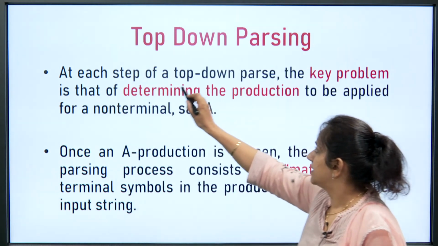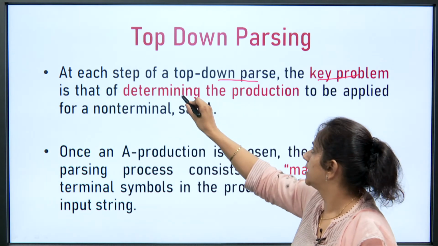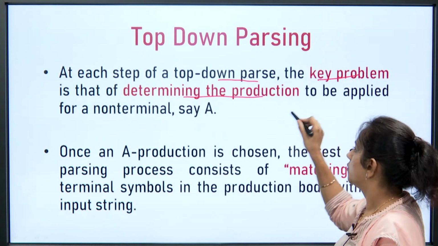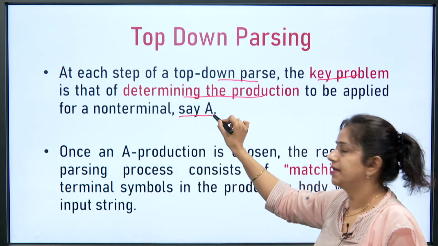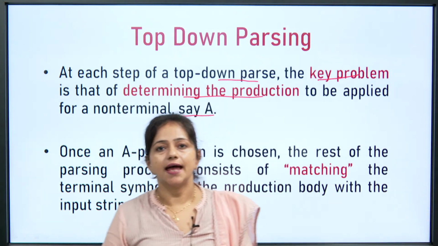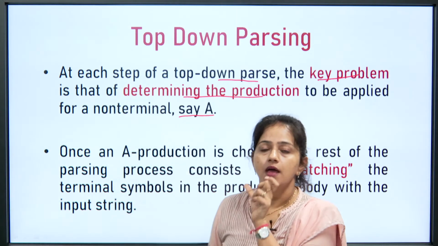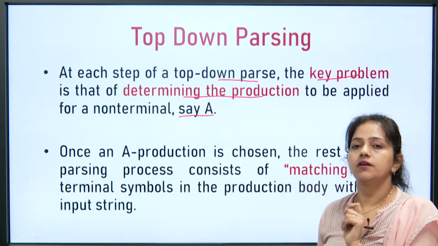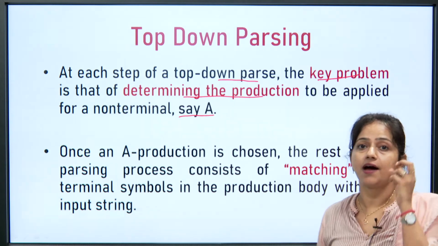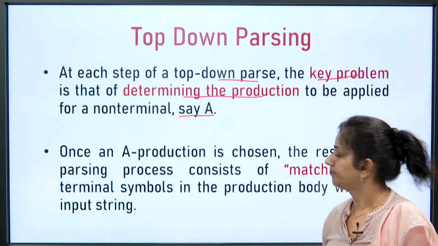So, in every step of a top down parser, the key problem is determining the production to be applied for a non-terminal say A. So, if we know the production, then we can easily do the expansion and can obtain the parse tree. So, we need to determine the production, we need to find some logic that can select the production.